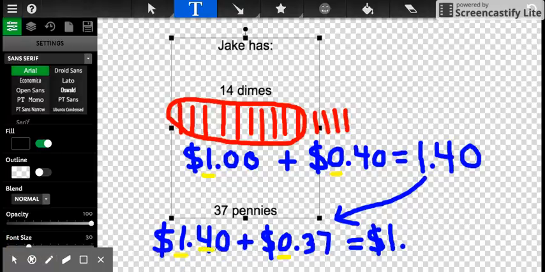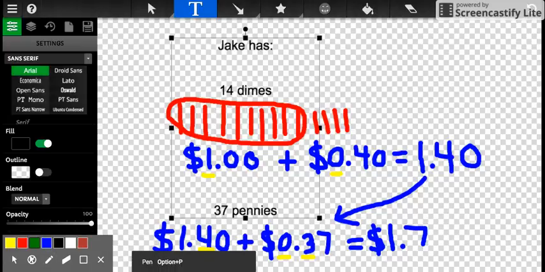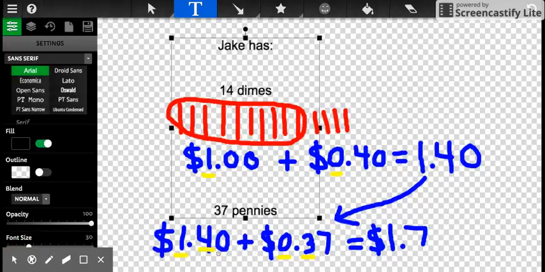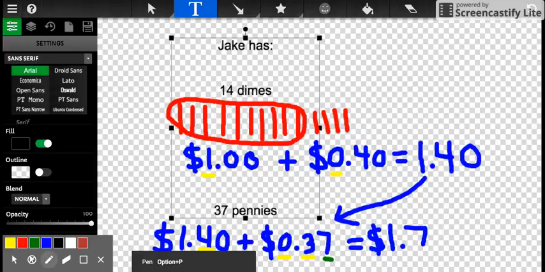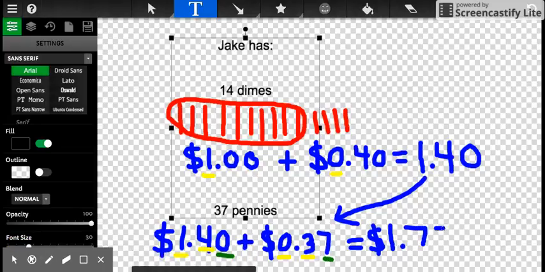We've got 4 tens and 3 tens. I make 7 tens. And then we have, let me do our ones in green just so it's a little bit easier to see the differences. 0 ones plus 7 ones is 7. So altogether, Jake has $1.77. $1.77. That's your answer for part A.